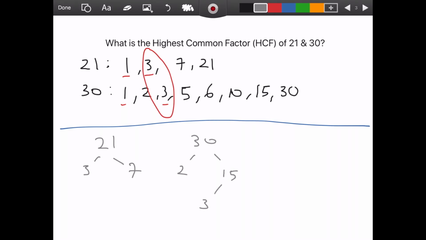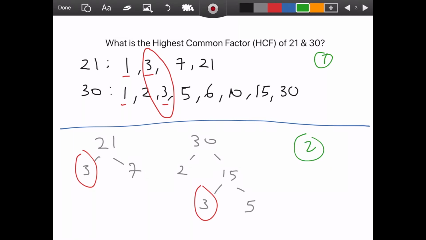Another prime factor will be 3, and we get 5, right? So from here we can see there is only one prime factor of 21 and 30 that is common, which is 3, right? So the answer again is 3. For the first and second method, you see that the answer is the same, 3.